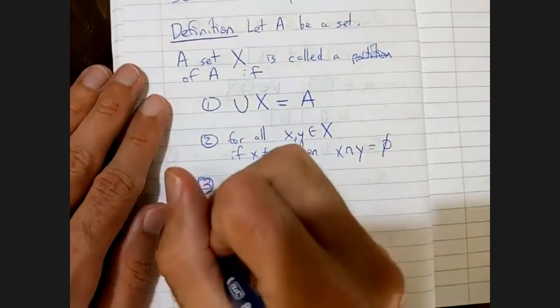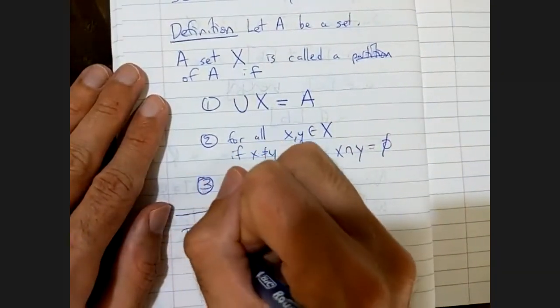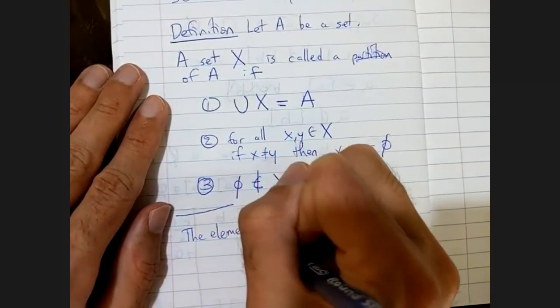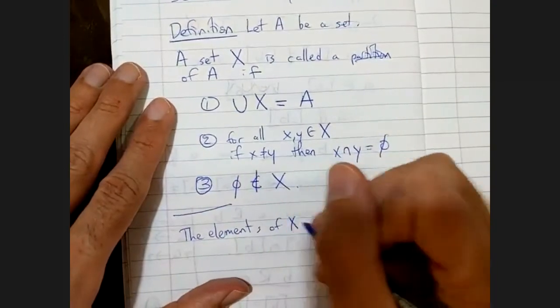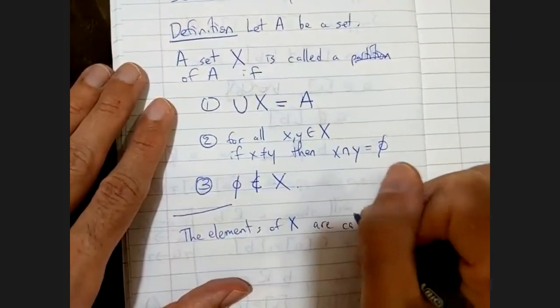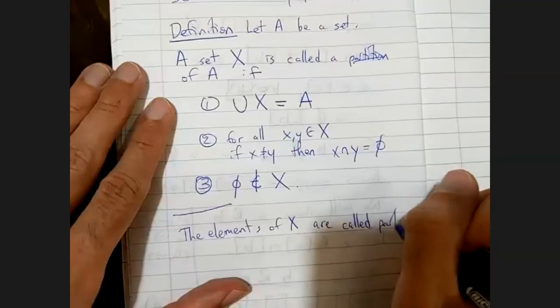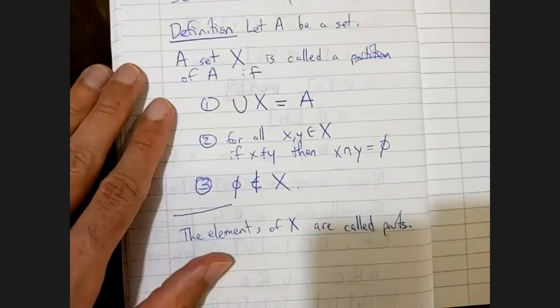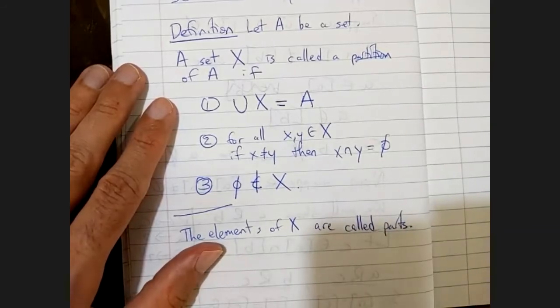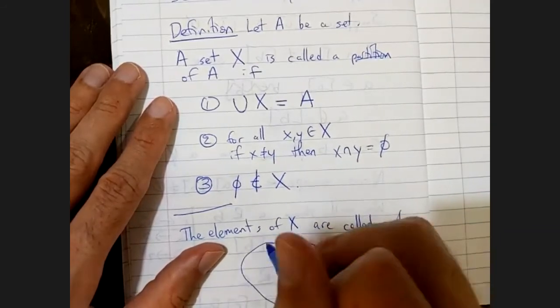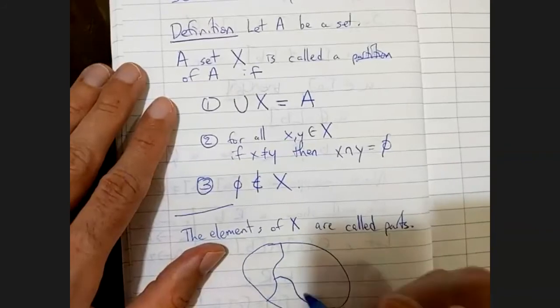The elements of X are called parts of X, or just called parts. So a partition takes my set A and breaks it up into pieces somehow.